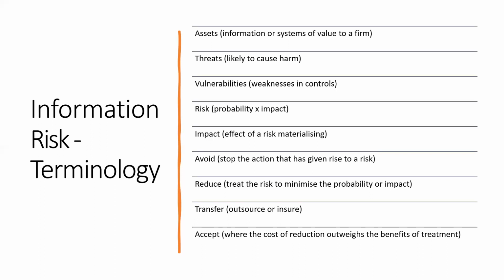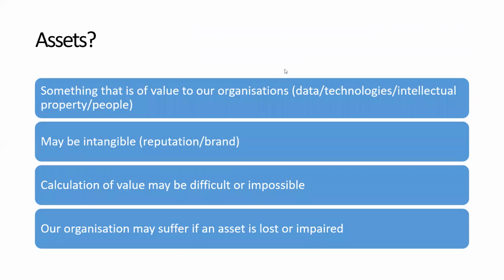We could transfer the risk by outsourcing or insuring it, or we could accept the risk where the cost of reduction might outweigh the benefits of treating the risk. We will talk about these different terminologies in detail later on in the workshop.